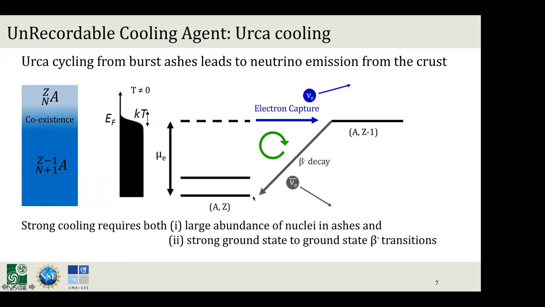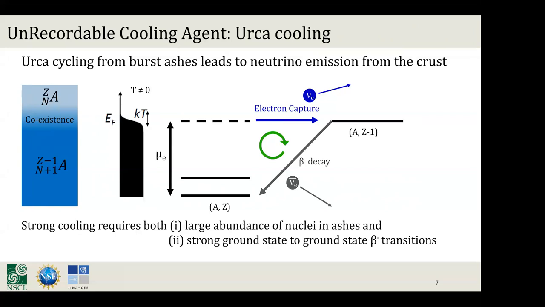It beta decays through the ground state, and I'll explain why this is important in a minute, and emits a neutrino that just flies off. Then, because the Fermi energy of the electrons is high enough, it electron captures back into the ground state of this A, Z-1 nucleus, and then the cycle repeats many, many times, and you just have a slew of neutrinos leaving the neutron star crust, taking energy away, leading to cooling.